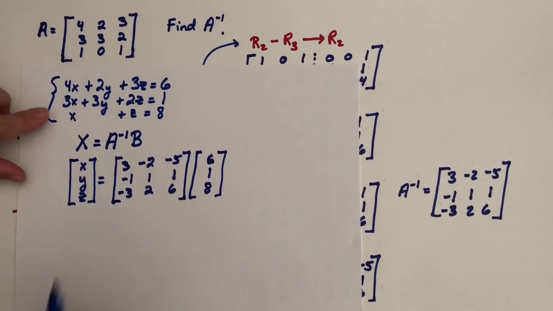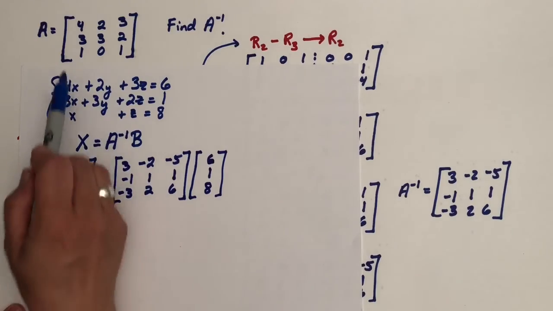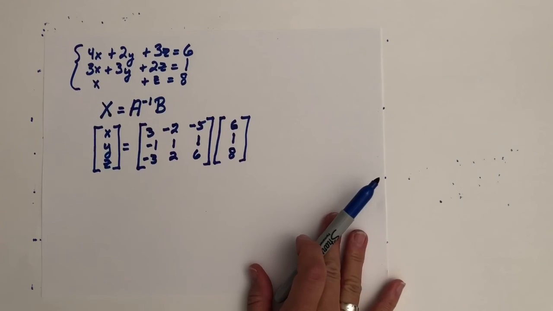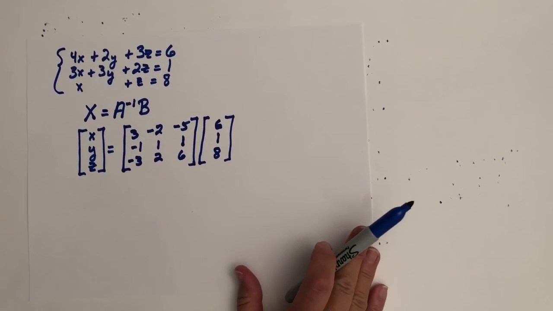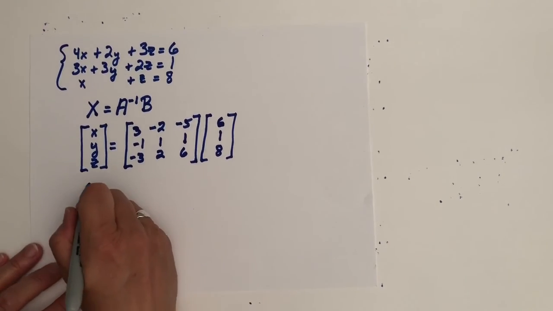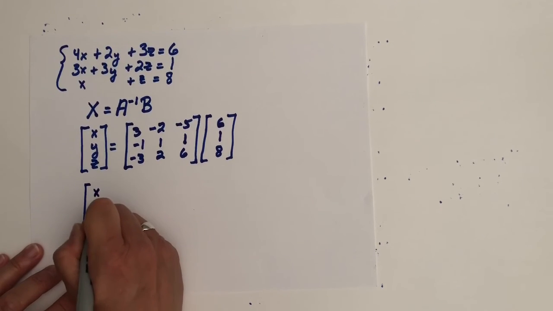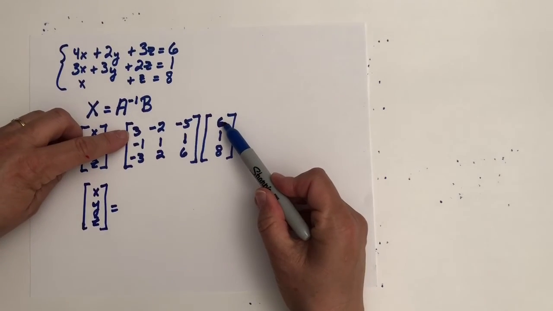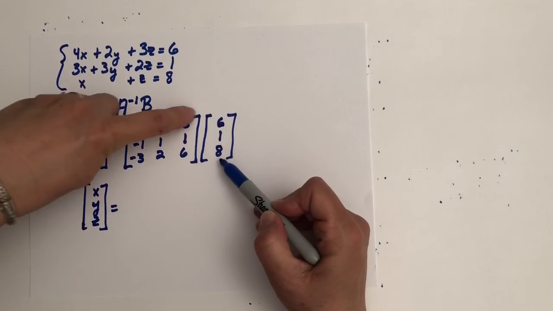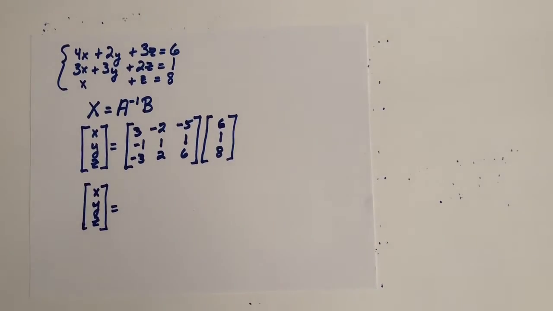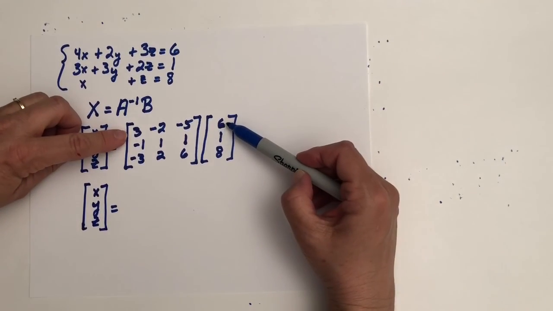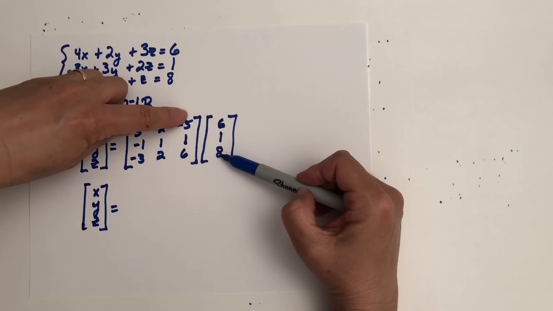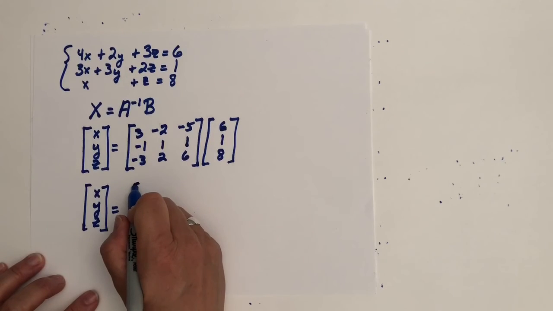So here is our system where we have found the inverse of the matrix A, and let's just multiply these together and see what we get. Remember, we multiply, multiply, multiply, and then we add those together. So we have 18 plus negative 2 plus negative 40.